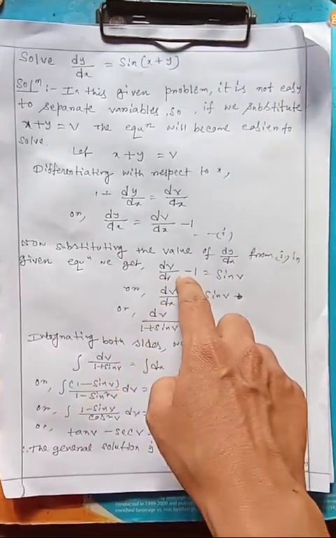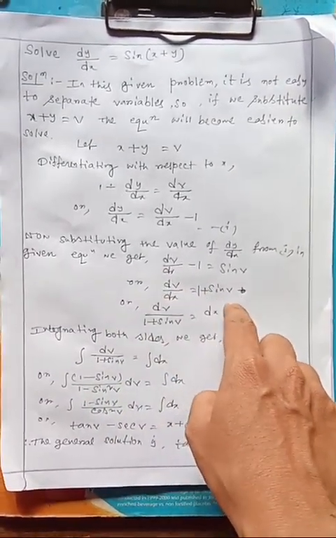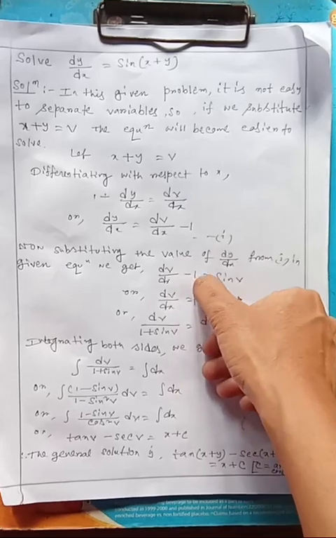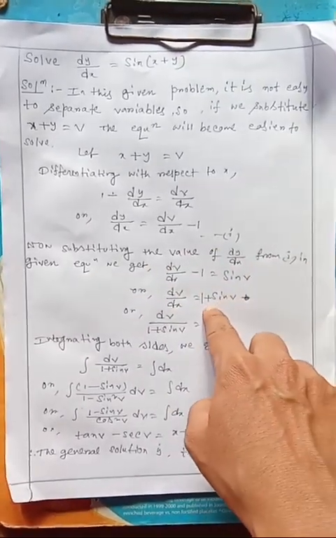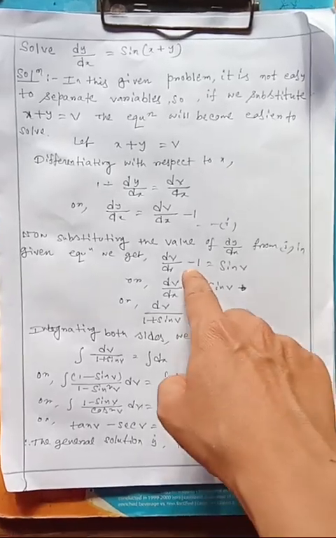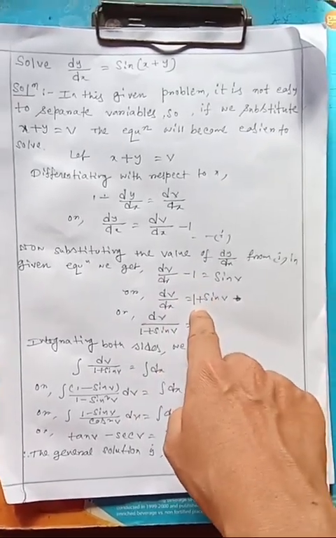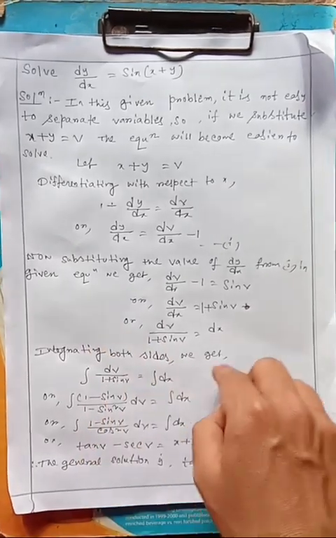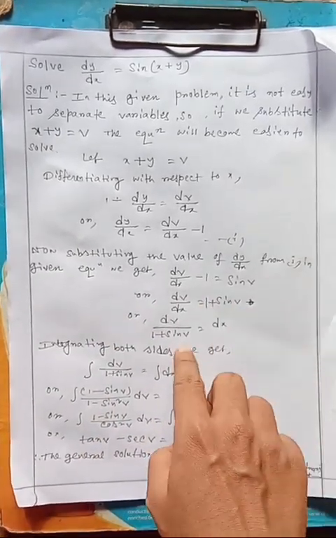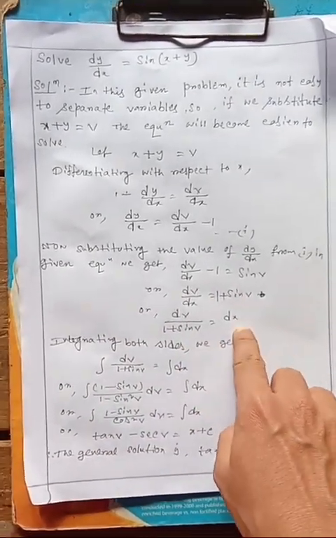Or dv by dx is equal to 1 plus sine v, because when we take 1 to the other side, this minus 1 will become plus 1. So dv by dx is equal to 1 plus sine v, or we can write dv by 1 plus sine v is equal to dx.